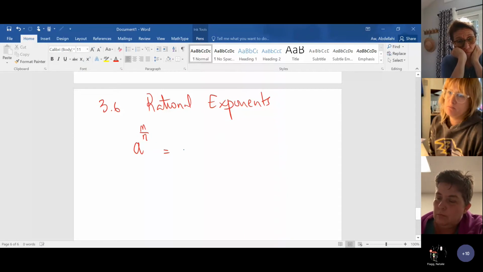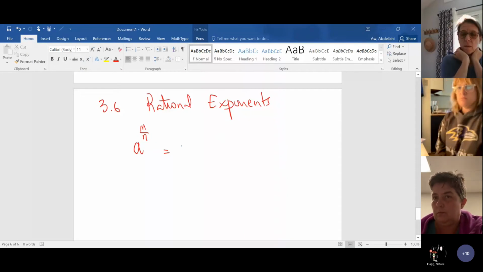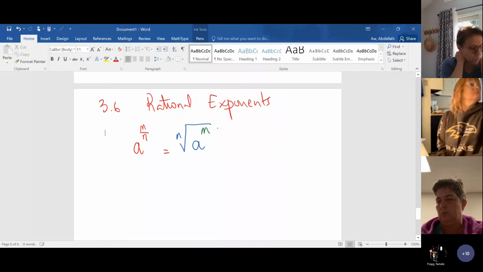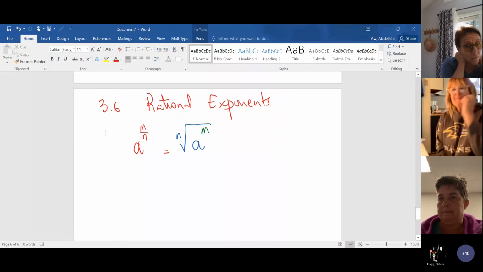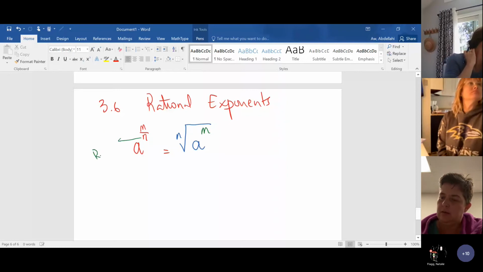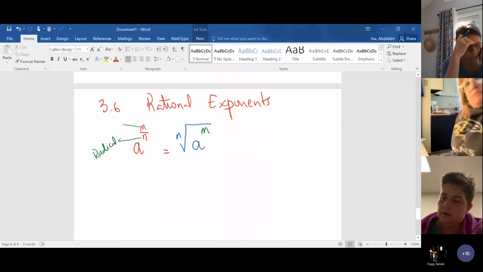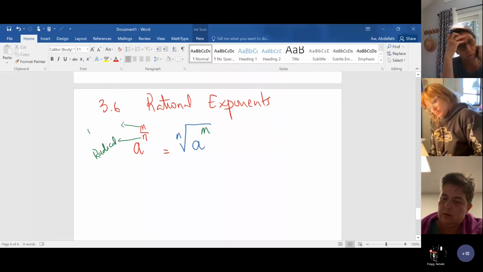This is going to be the nth root of a to the m power. So what you say here is the denominator is a radical and the numerator is a regular power.